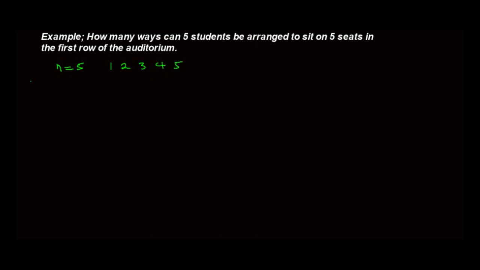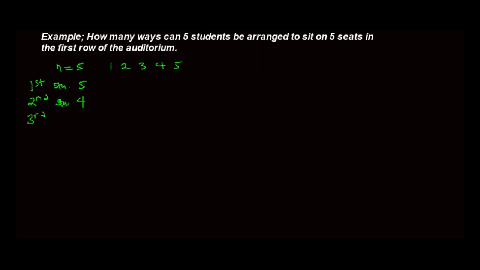So the first student, we have five possible ways to sit on the seat because apparently those seats are vacant. There's nobody occupying them. So you can place five students in any of the five seats, right? Then for the second student, you are going to have four choices to place the student because remember the first student has already occupied one seat, so you are left with four other seats to select from.